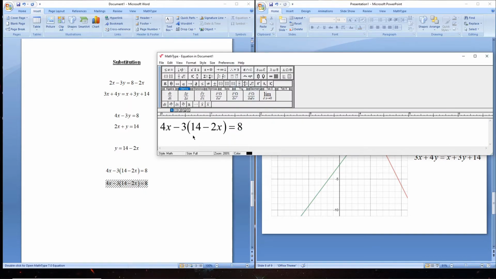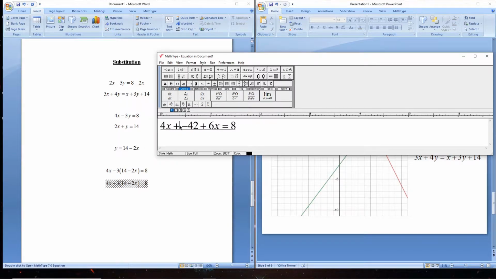The first thing we're going to need to do here is some distribution. So we'd have minus 3 times 14. This would get us a minus 42. And then minus 3 times minus 2 will get us a positive 6. And we don't need that parentheses anymore since we distributed that factor, so I'll just get rid of it.